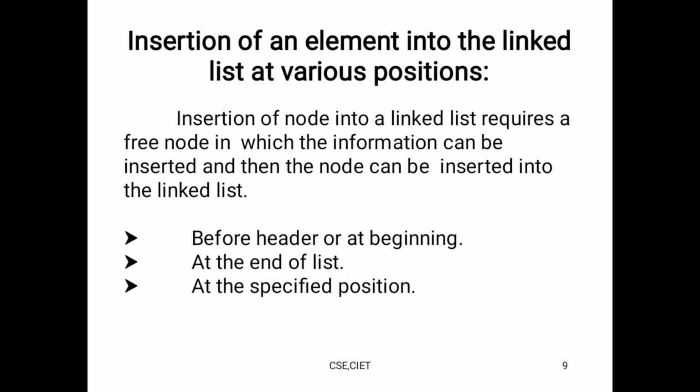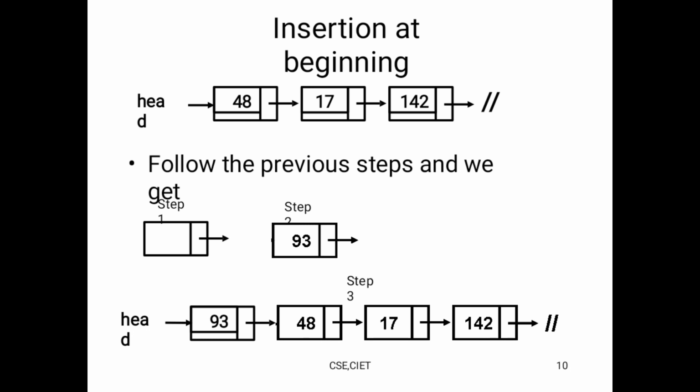Insertion of a node into a linked list requires a free node, in which the information can be inserted, and that node can then be inserted into the linked list. Now we will see insertion at beginning.